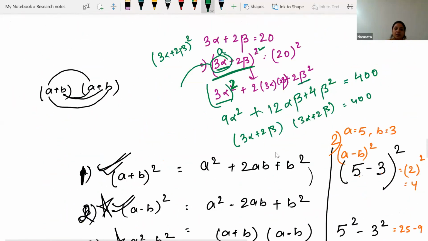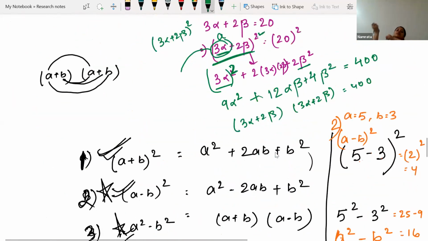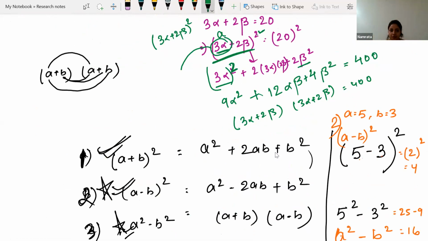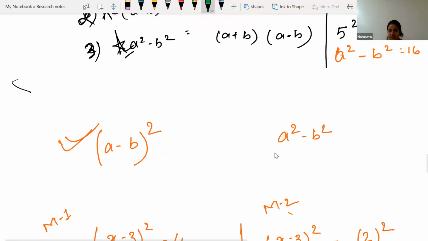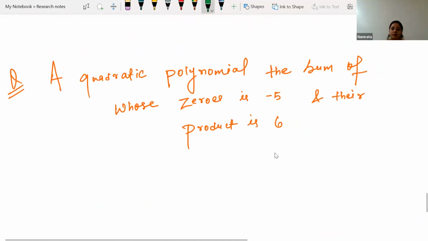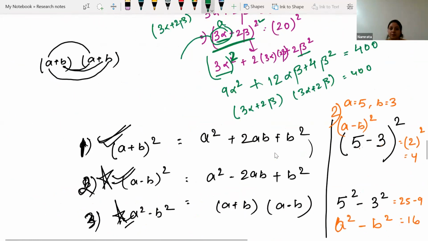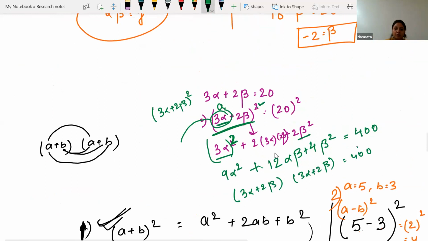Okay, you are splitting the middle term by taking that 400 to this side or what? No, right? Yes, ma'am. That will also not be possible here, because can you see that we are having 4 beta square, beta with a number, so it will be difficult to split the middle term.